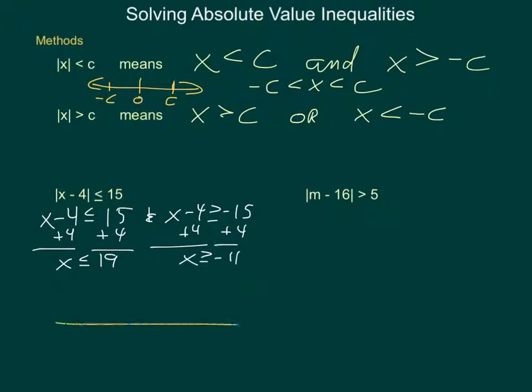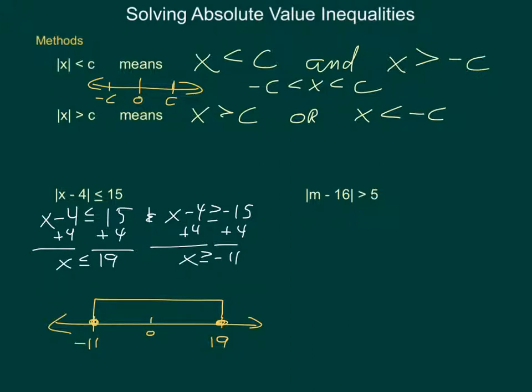So from a number line perspective, I have negative 11, I have positive 19, 0 is going to be somewhere around here, and I want filled in circles on both items, and I'm going for what is in between them. So this is going to be less than 15 units away from that value. And we'll talk about what that means here in a minute.